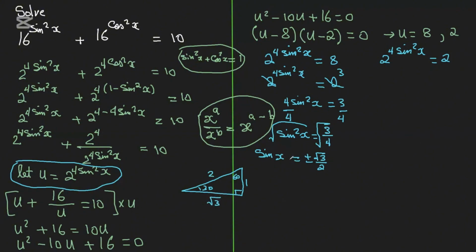The angle that has a sine of root 3 over 2 is the 60, because sine 60 is root 3 over 2. And since the sign is plus or minus, according to All Students Take Calculus, then I'm going to have an angle in every quadrant.